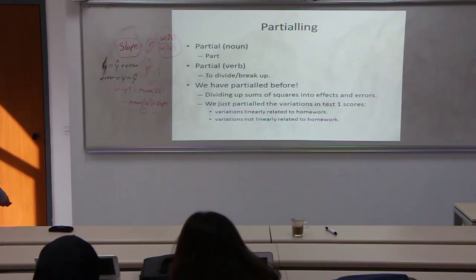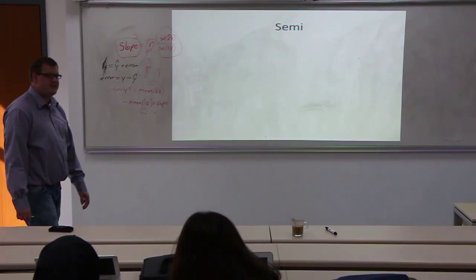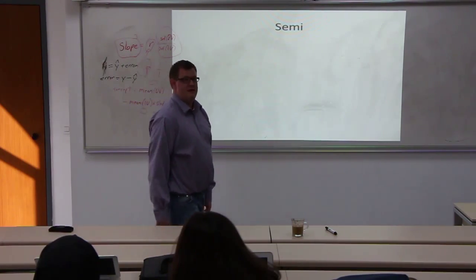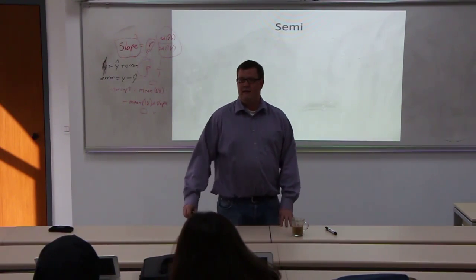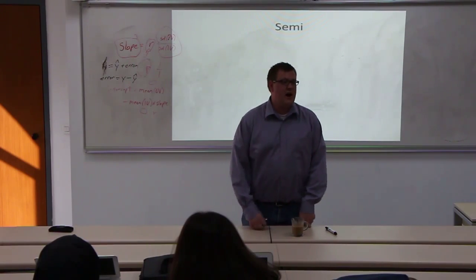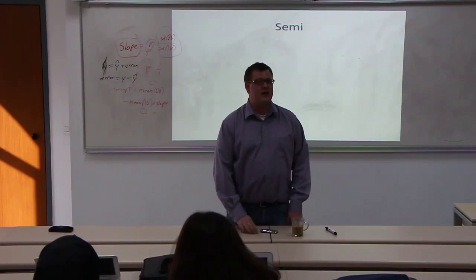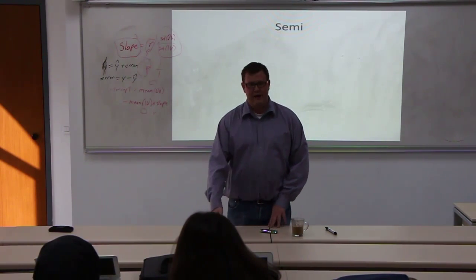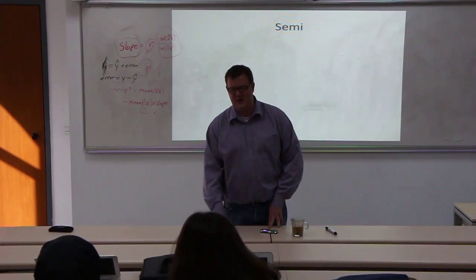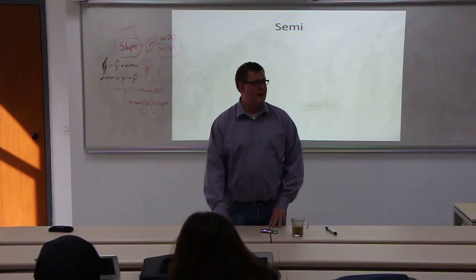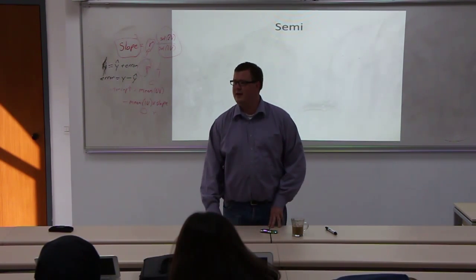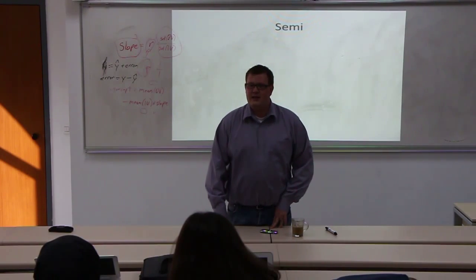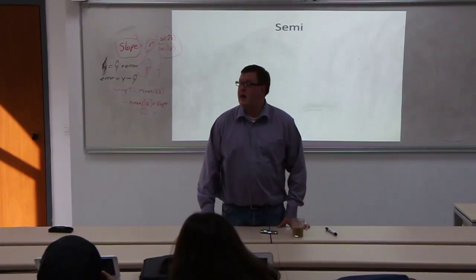Alright, so semi, what does semi mean? Half? I did a Google search for semi today. Define semi. Half. Oh, that wasn't what I wanted. The next thing was a truck, a type of truck. That wasn't what I wanted either. Is there any other definition for semi? Semi can mean half.